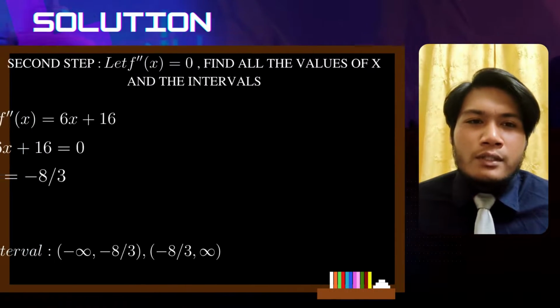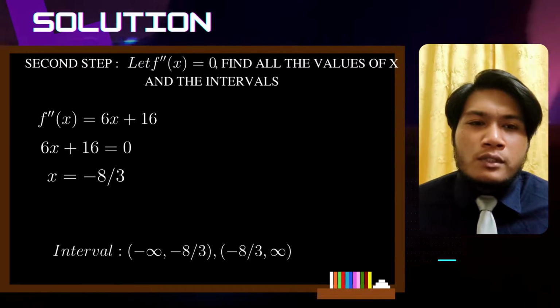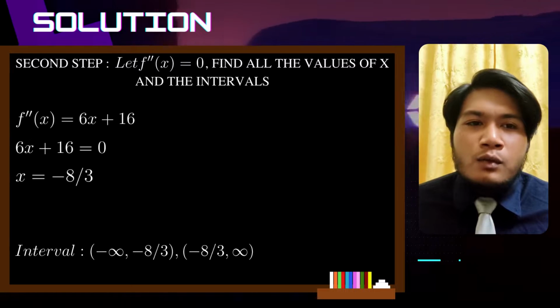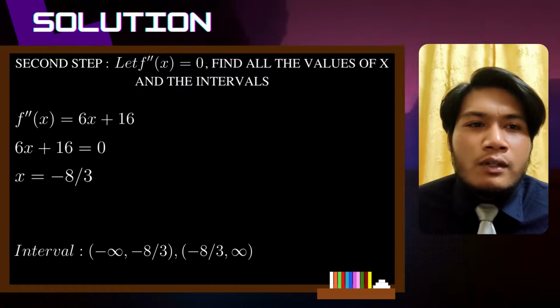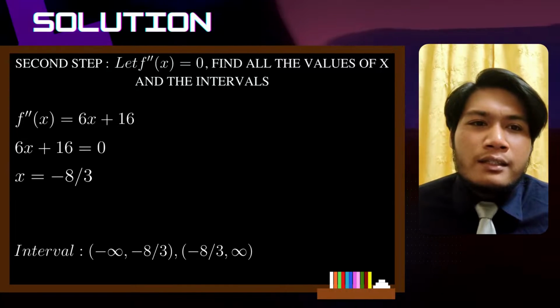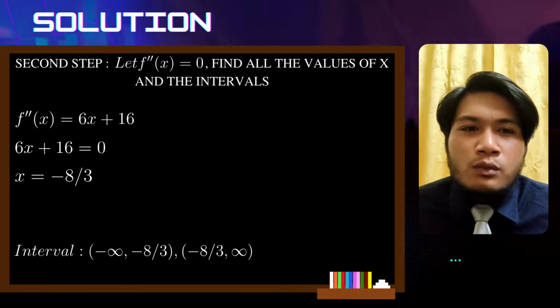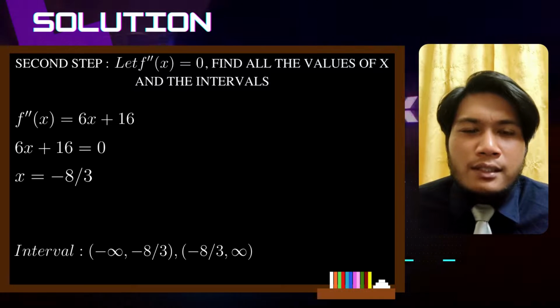After we finish the first step, we proceed to the second step, which is to let f double prime x equal 0, and find all the values of x and the intervals. So f double prime x is equal to 6x plus 16.